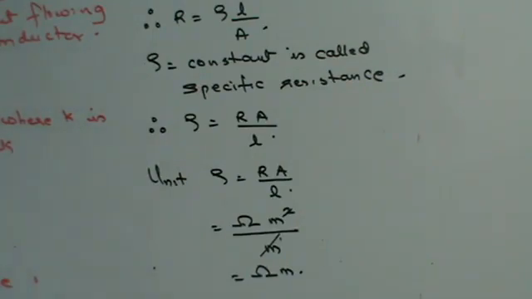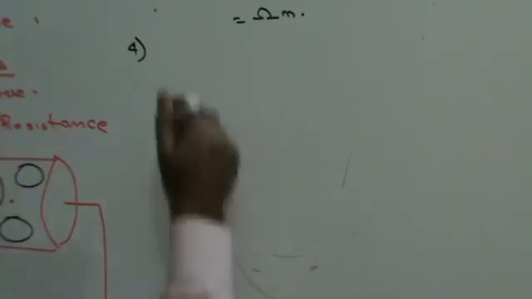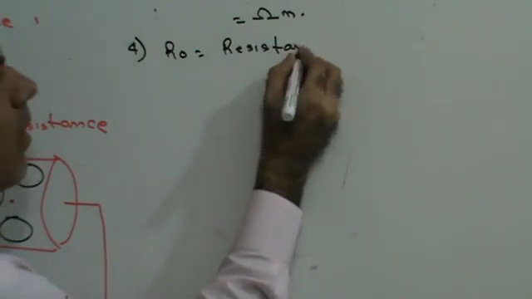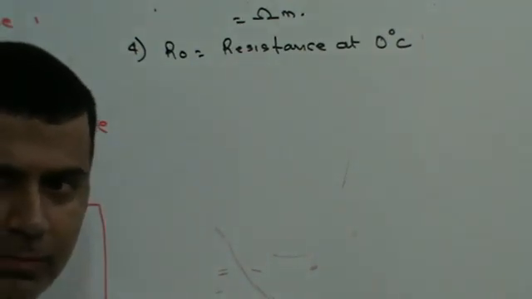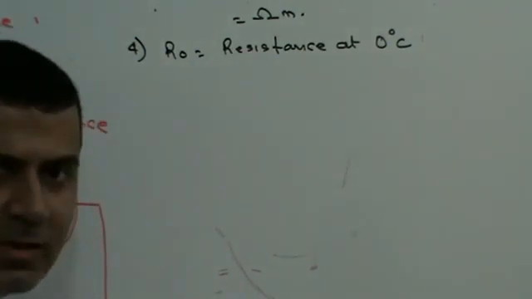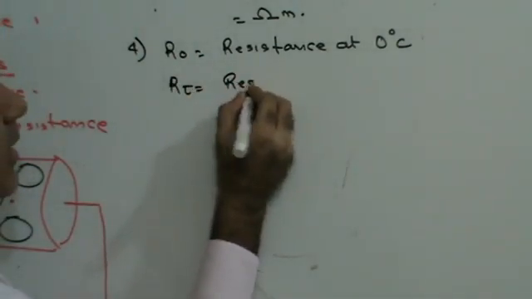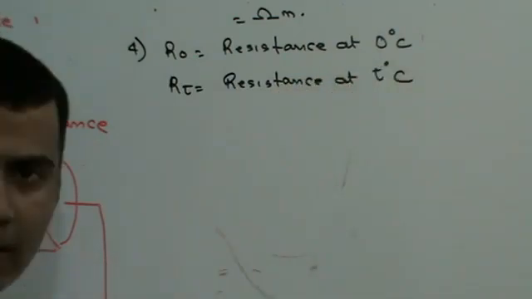Now, it has also been found out, let us assume that R0 is the resistance of the material at 0 degrees centigrade, and RT is the resistance of the material at T degrees centigrade.